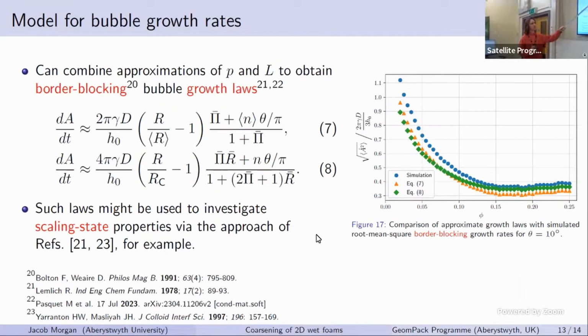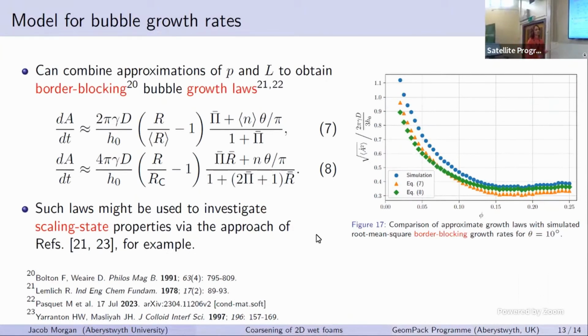the model for the bubble pressures, and assuming that all bubbles have the same fraction of their surface covered by film, that is to say in contact with other bubbles, you get a result that is the 2D version of something that has been proposed in 3D by Pasquet and co-workers. But one can also take into account the variation of the proportion of bubble interface in contact with other bubbles, how that will depend on the radius of the bubble.